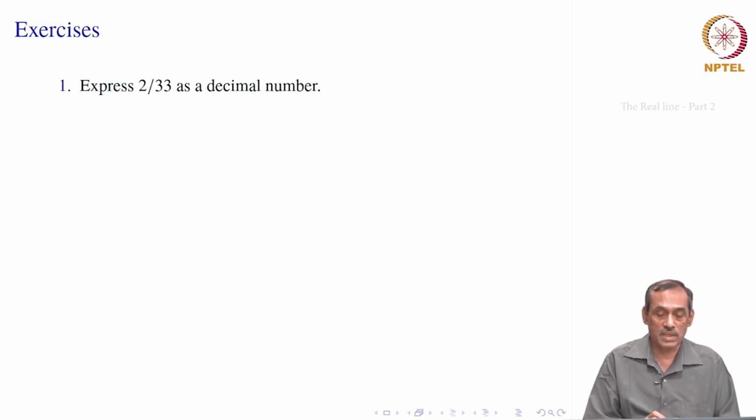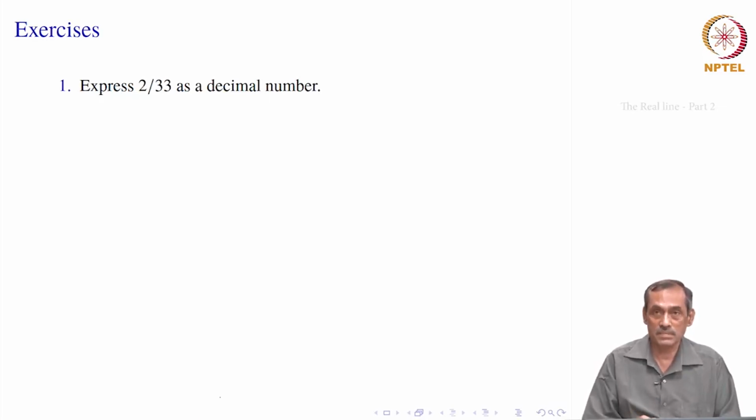Now, if you have understood the decimal number, you can think of expressing 2 by 33, which is a rational number, as a decimal number. So, how do you proceed? Well, the usual division algorithm: you take 2, but 2 is smaller than 33. So, there will be a decimal point.